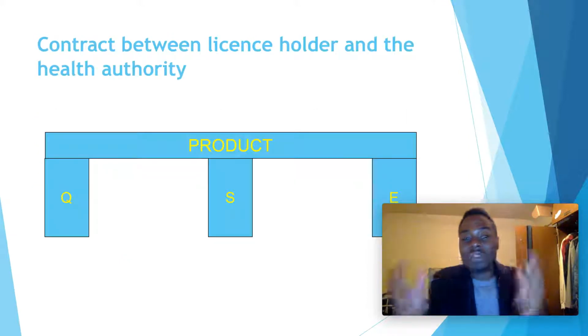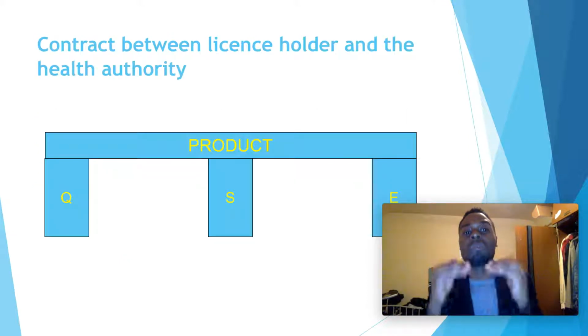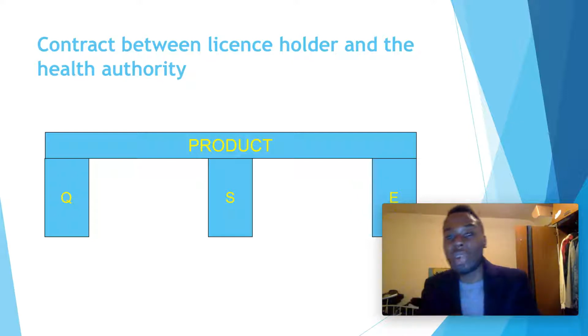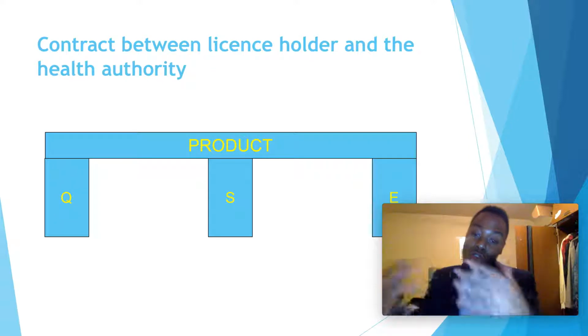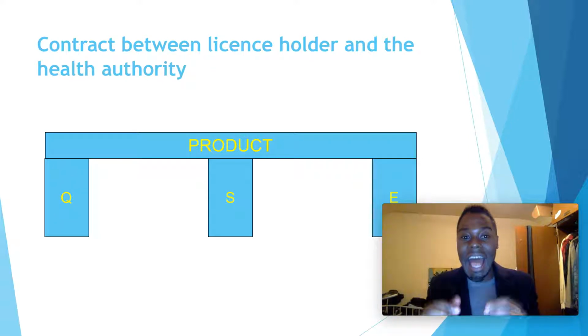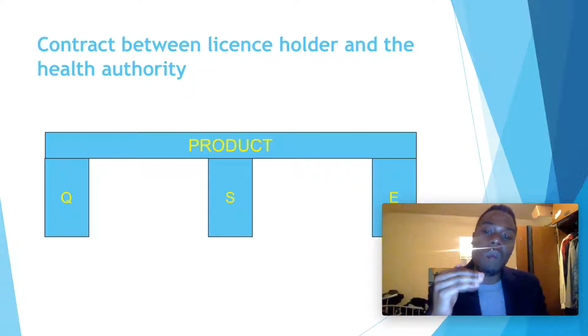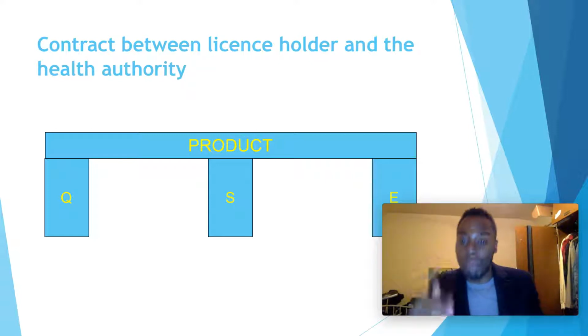So this is, in actual fact, almost like a contract between the license holder and the health authority. The license holder being the company that has a new product, and the health authority has rules that this company has to abide by.